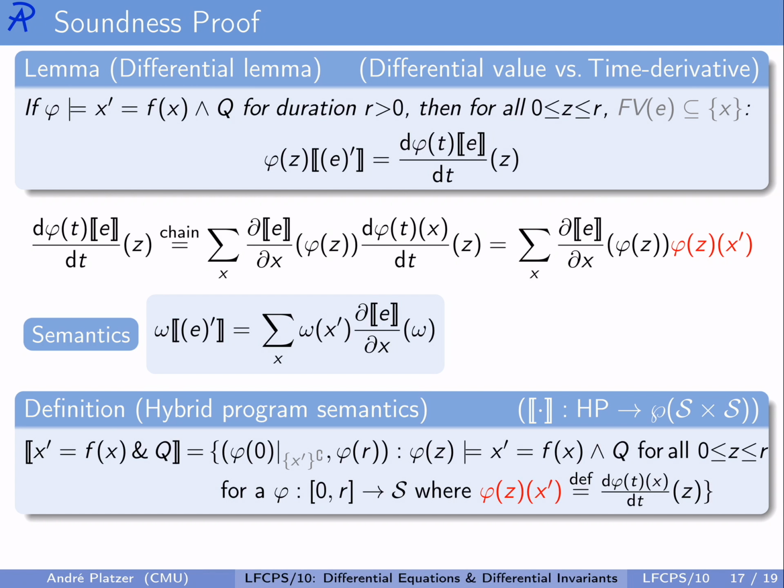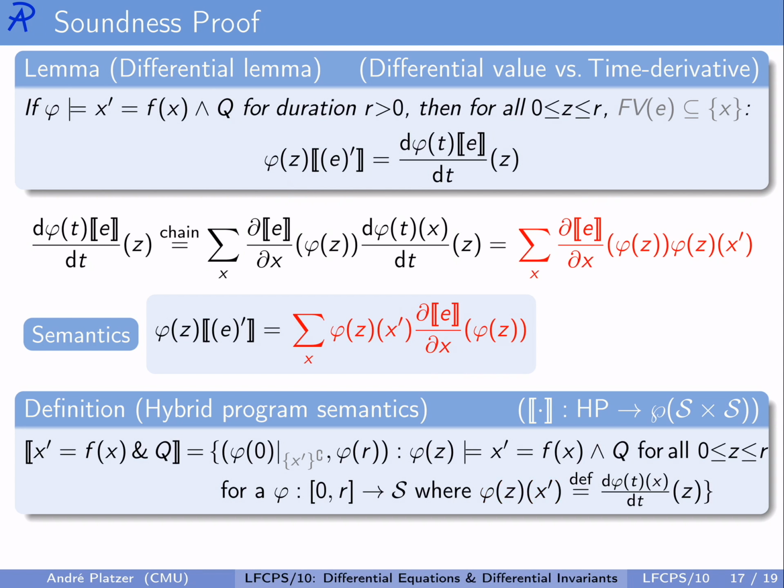And now we relate this to the semantics of this, which we've recalled here. The value in a state omega of a differential term, e prime, is the sum over all partial derivatives by all the variables x at the state, multiplied with the values of the co-state, the x prime variables. Now, remember what we want here is a state omega that is a state along a solution of a differential equation. Let's plug that in.